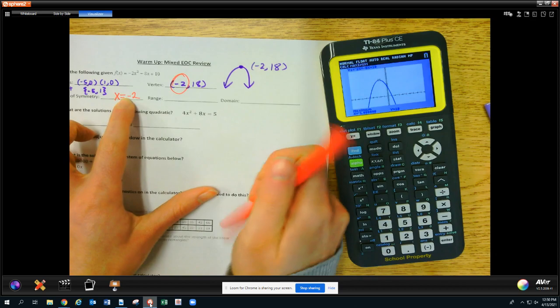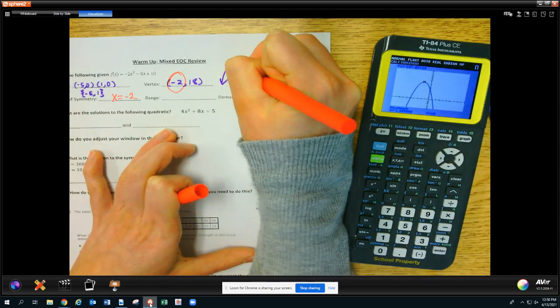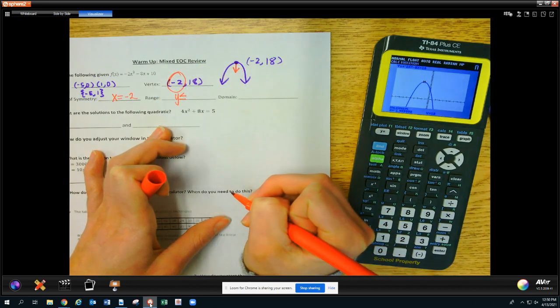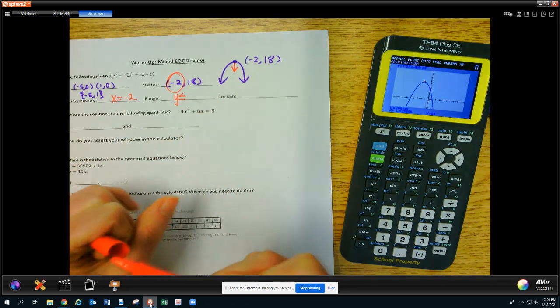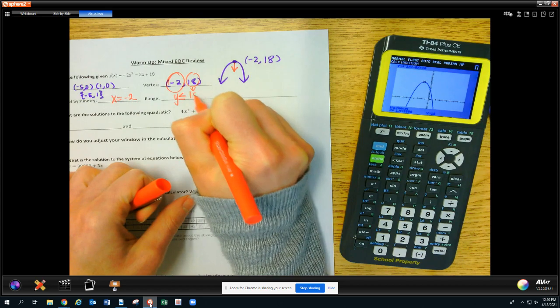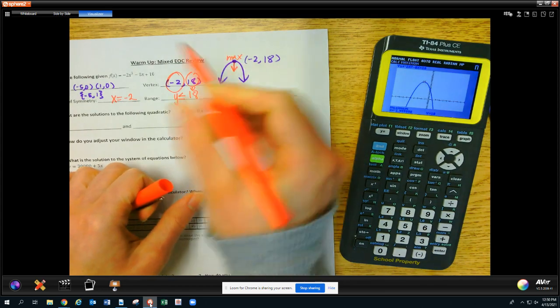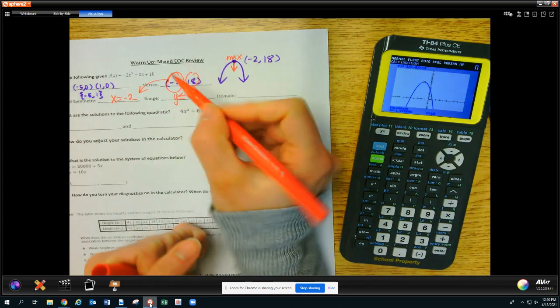Okay, and then for the range, since the quadratic is pointing down, we want to make sure we have y is less than or equal to. If it was pointing up, I would flip this to be greater than or equal to, and it's always going to match the y value of the vertex since that's the maximum. So the negative 2, the x-coordinate, goes with the axis of symmetry.